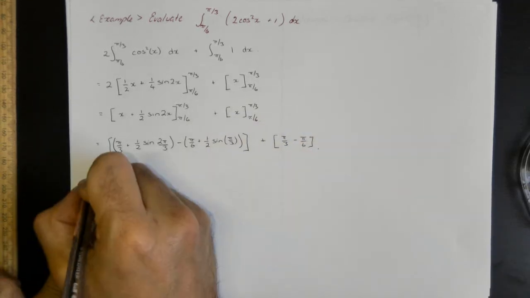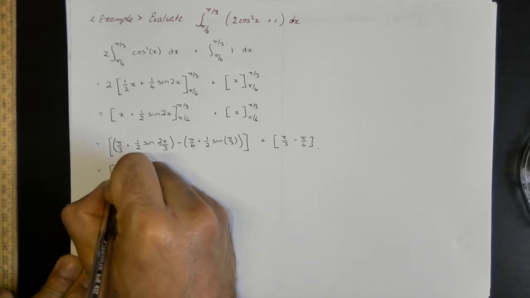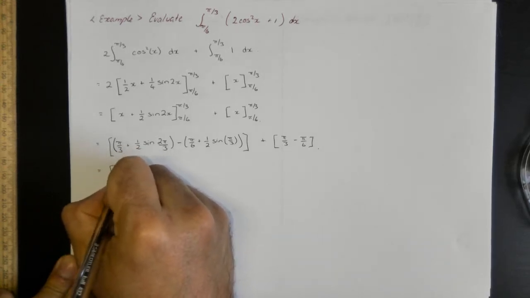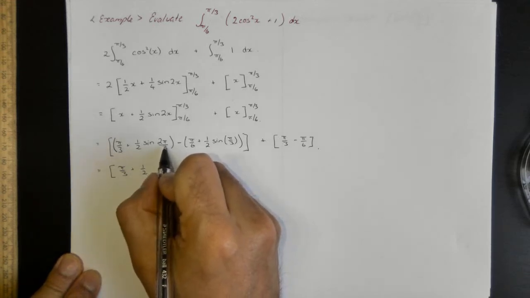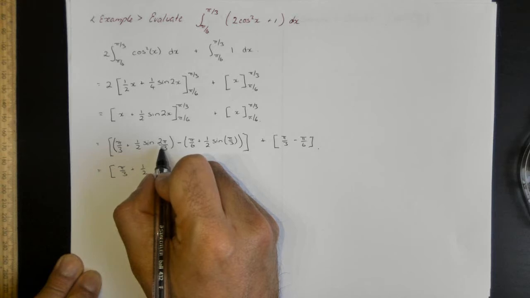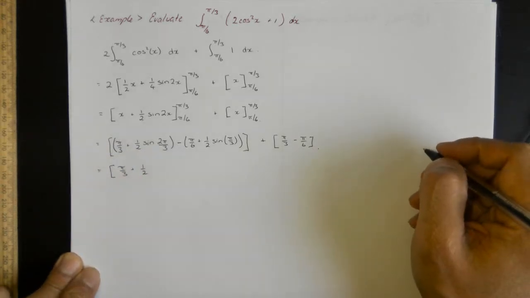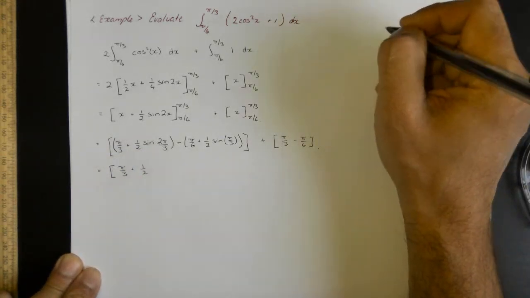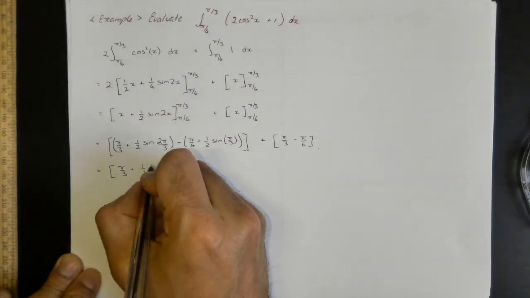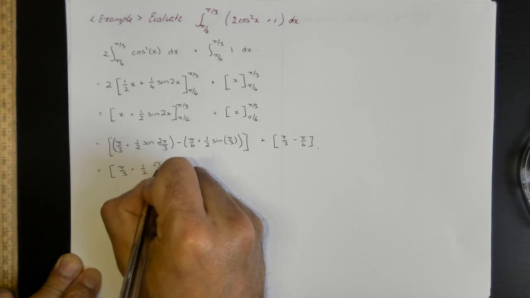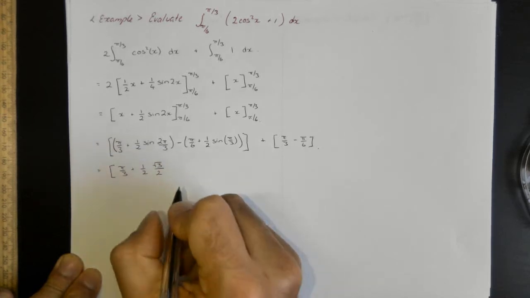Well, sine of 2 pi on 3 is sine of 60, which is root 3 on 2.